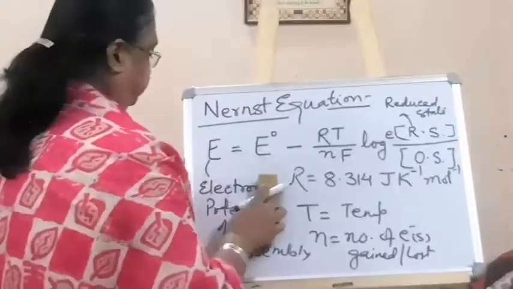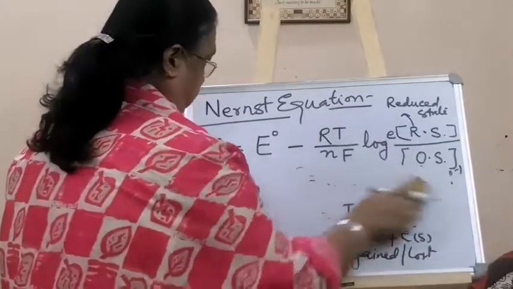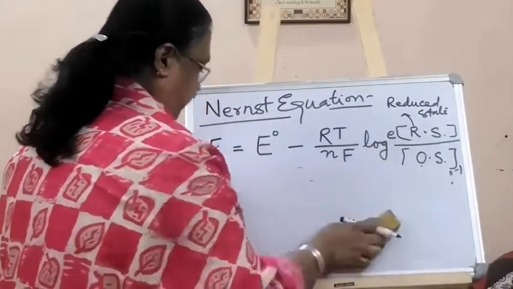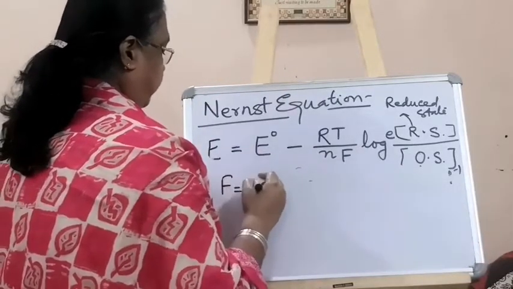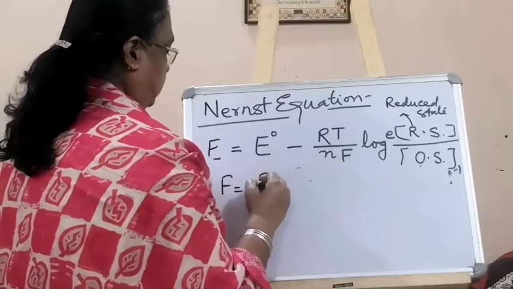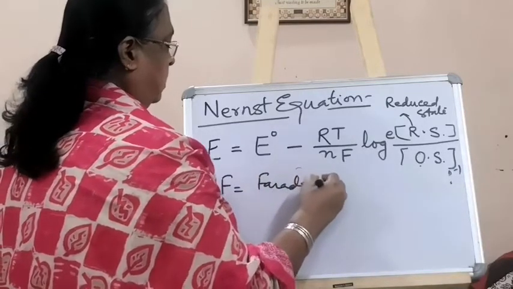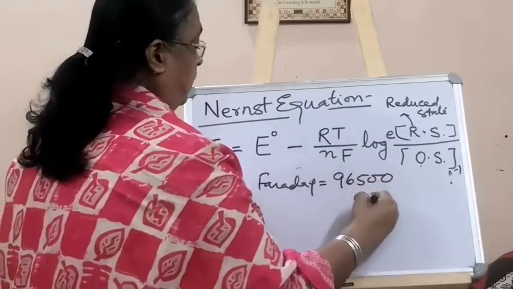And capital F is the Faraday, which is equal to 96500 coulombs.